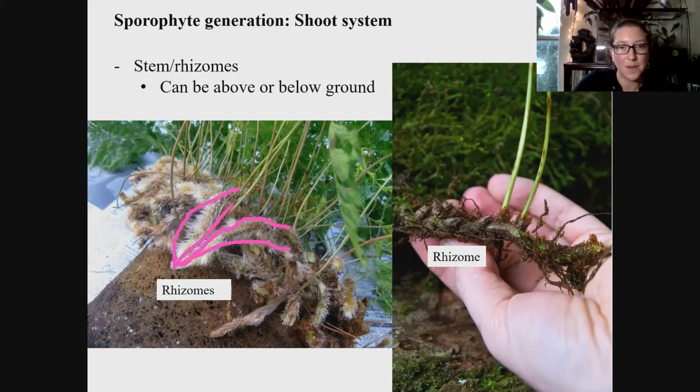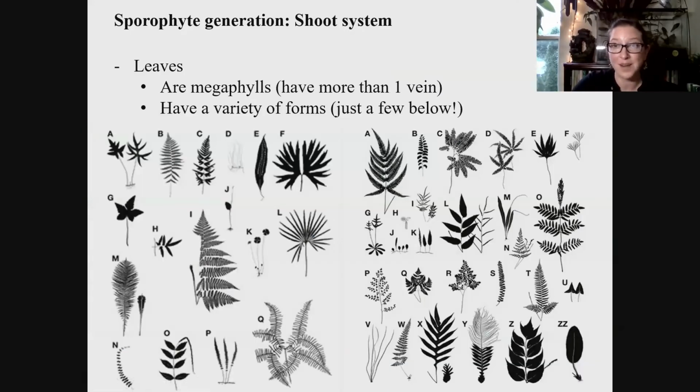Whoever described the phylum thought that those looked like a bunch of little feet, right? And those stems could be above ground or below ground. The one on the left has stems that grow above the ground, and the one on the right shows an example of a stem that grows below the ground. We saw this slide before when we learned about leaves.